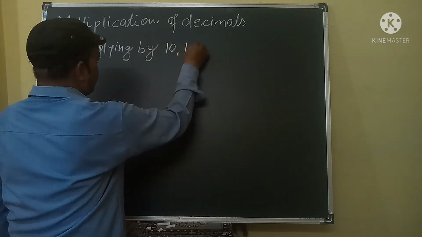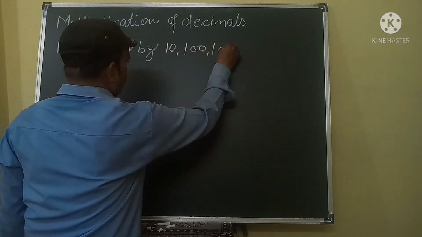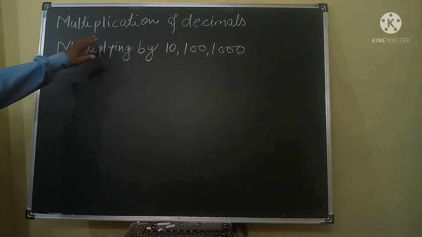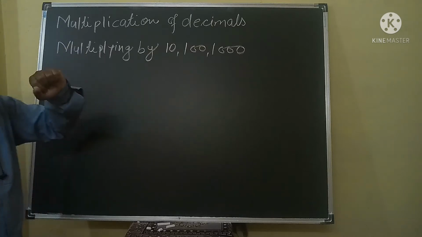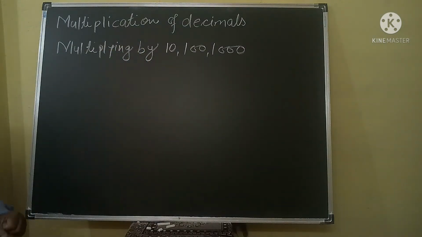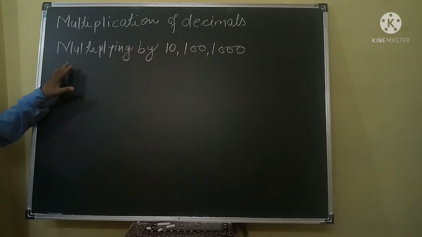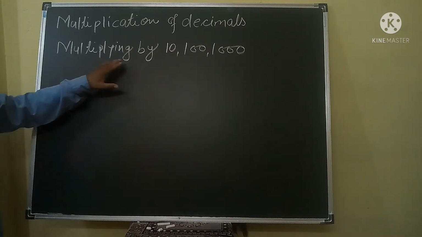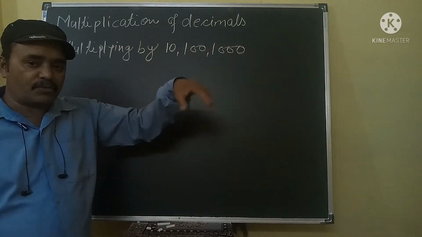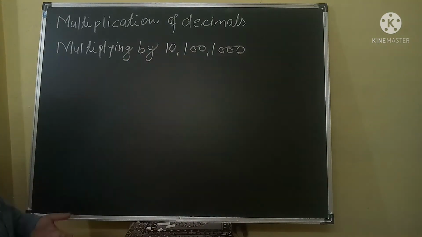Multiplication of decimals. In this topic we will discuss multiplying by 10, 100 and 1000. Okay.